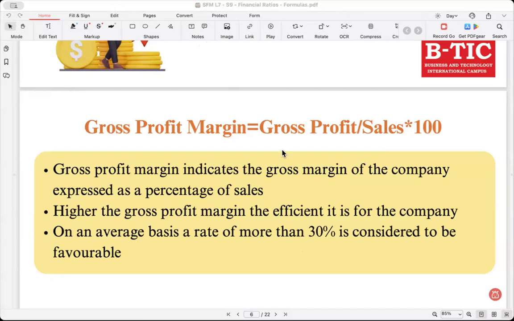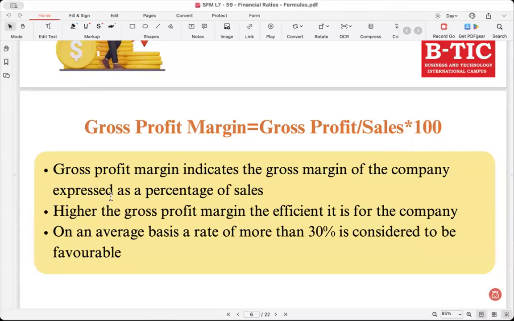If it is high, it means the company has good control over the production and pricing. If it is declining, for example, the previous year it was 40%, this year it went down to 25%, this could indicate there is an increase in the production costs of the company.